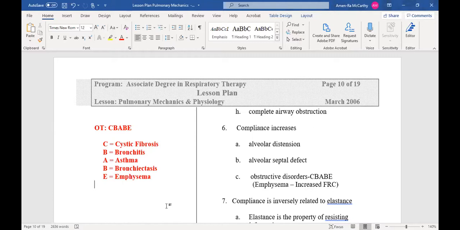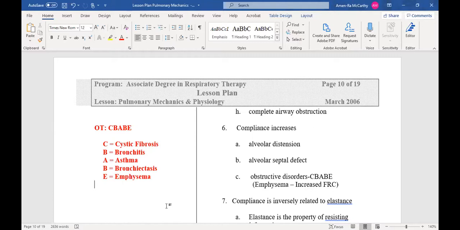What about bronchiectasis? If somebody has bronchiectasis, then I could say they probably have what type of FRC? A high FRC, because any COPD disease has a high FRC.